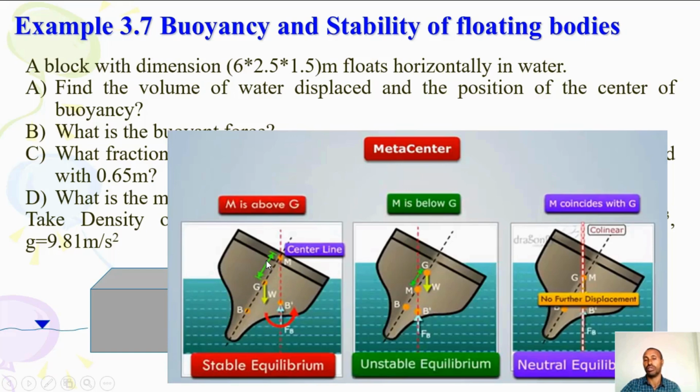If M is below G, with the center of buoyancy at this point, G at this point, and M here, we get a negative GM, which is an unstable equilibrium. Otherwise, if G and M coincide, it is neutral equilibrium, they will be collinear, and no further displacement will occur. Let us solve this example in detail.